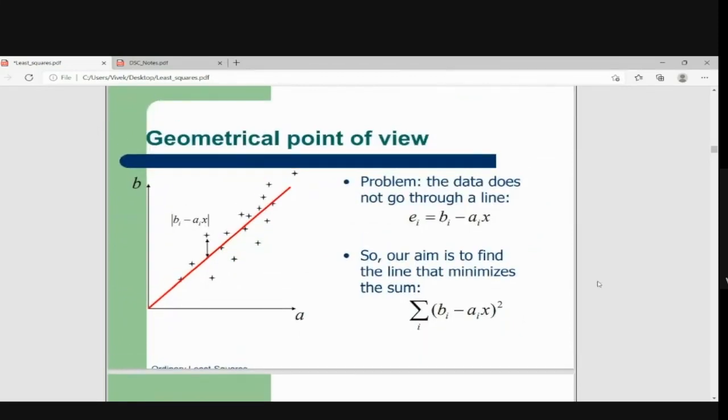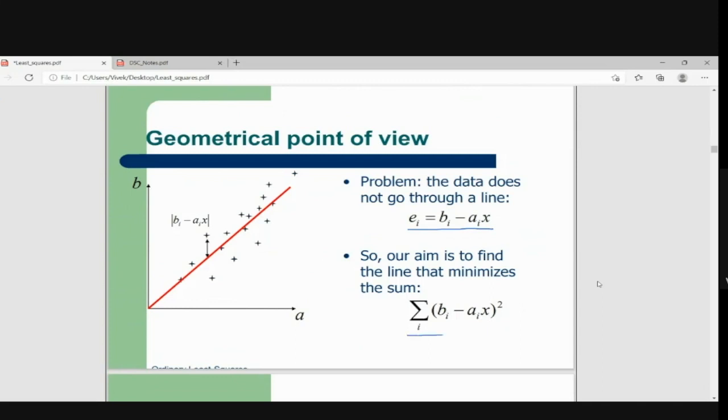Now we have calculated all these things. The problem is that the data does not go through a line, so we come to know from this data that we get the ei. Now what I do is take the square of this error and then add all these errors together. Our aim is to find the line that minimizes this sum.